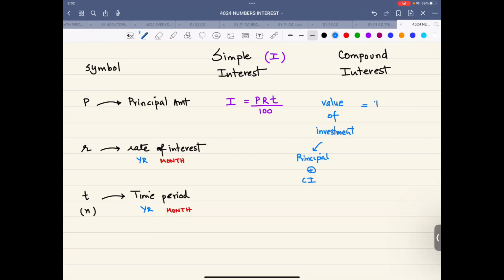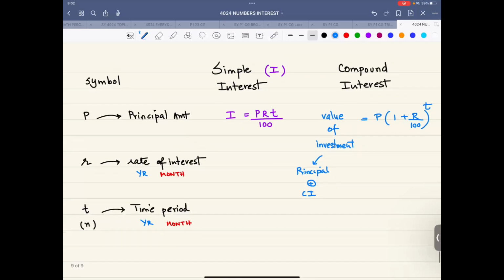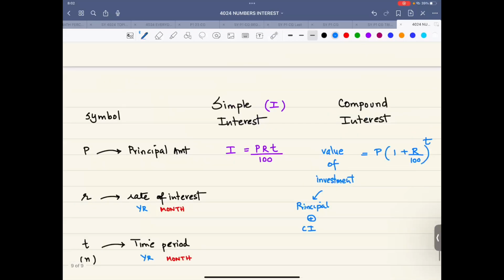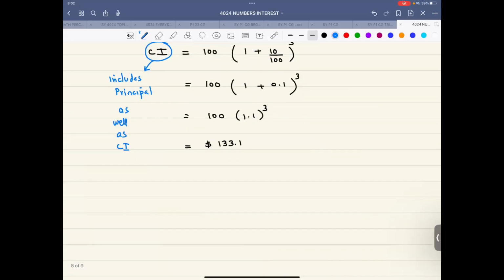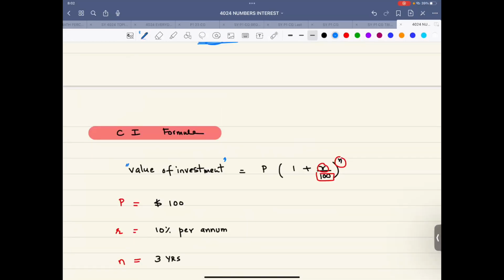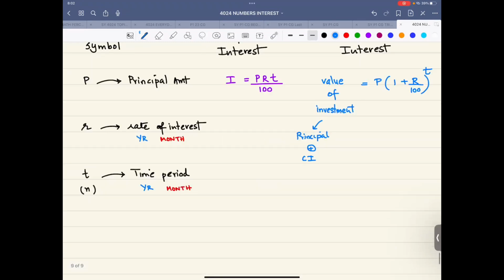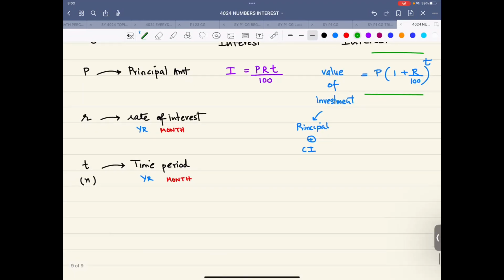That equals P multiplied by (1 plus R over 100) raised to the power of T. I had initially used the symbol N. So I can use N, I can use T, it doesn't make a difference. Let's keep it the same. So let me use the symbol T over here. That is the difference between the two.